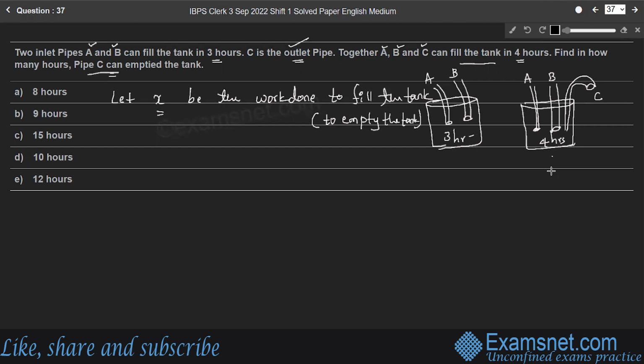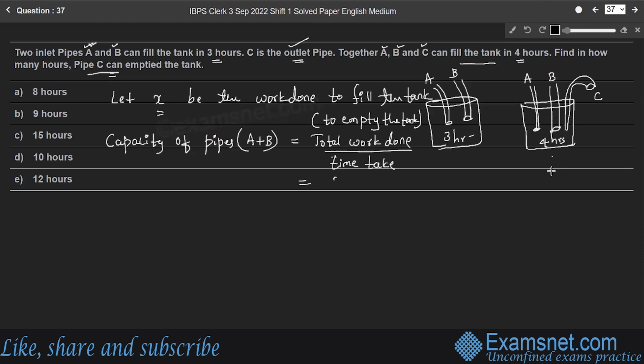It is given that pipes A and B together can fill the tank in 3 hours. Therefore, the capacity of pipes A plus B together is total work done divided by total time taken.